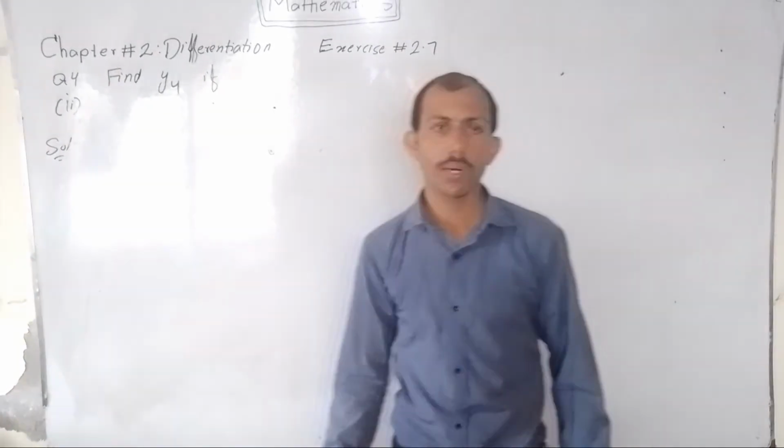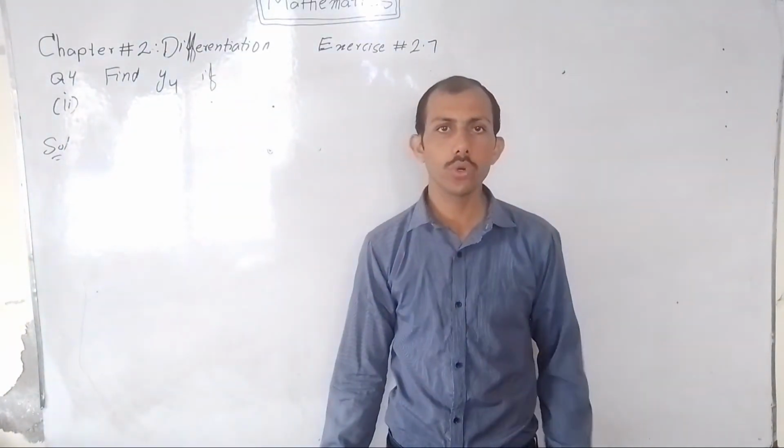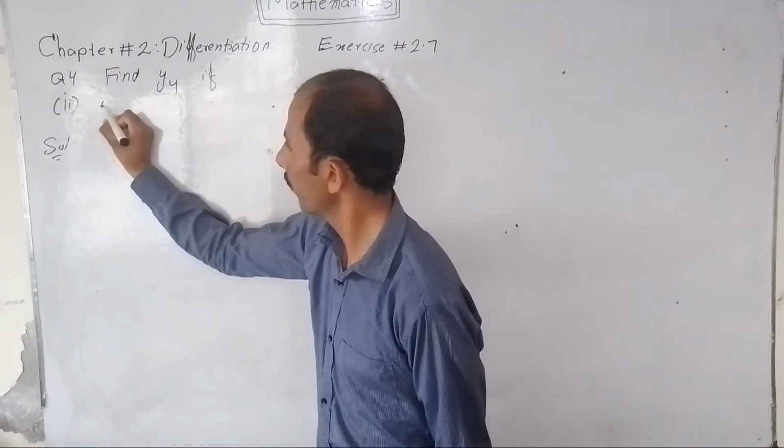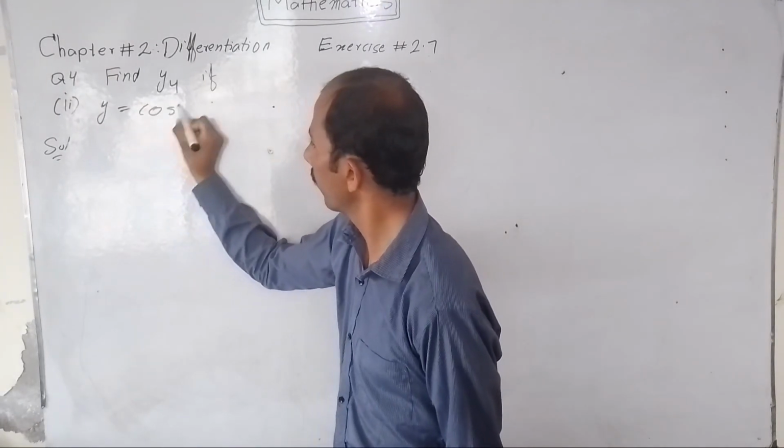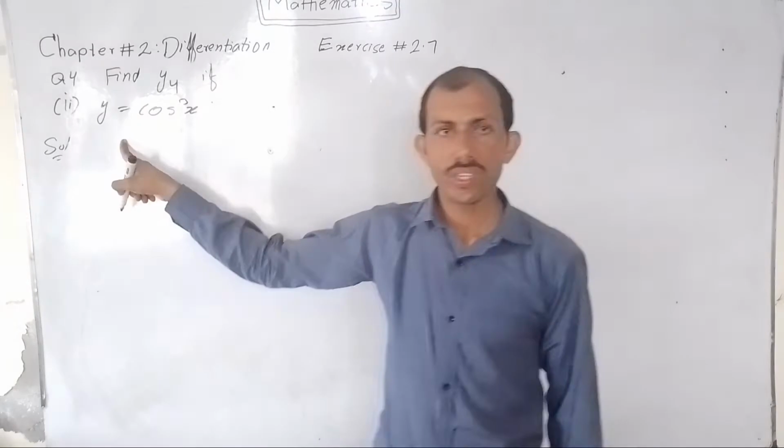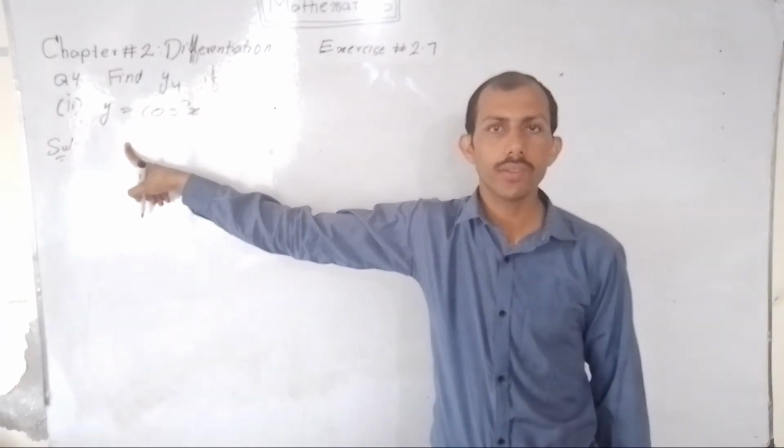Question 4 part 2, y is equal to cos cube x. First, as it is, y is equal to cos cube x.